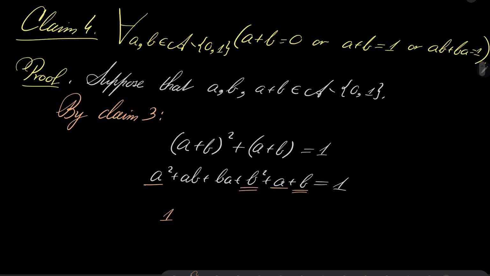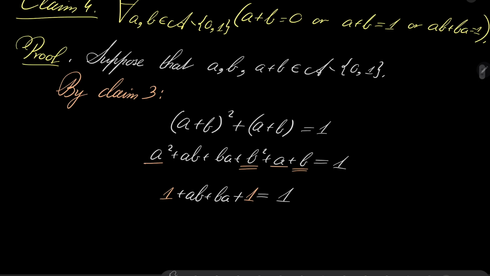So let's write 1 plus AB plus BA plus 1 equals 1, again by claim number 3. But 1 plus 1 is 0, so we have AB plus BA equals 1, which closes the proof of my fourth claim.